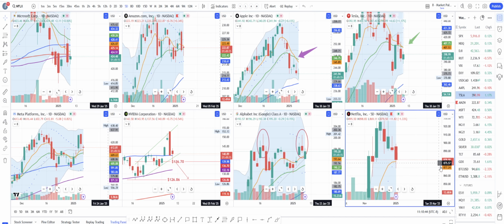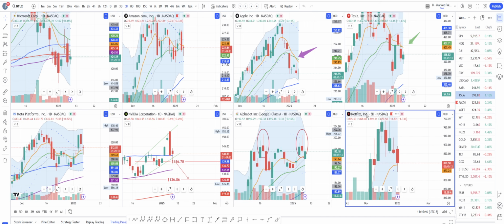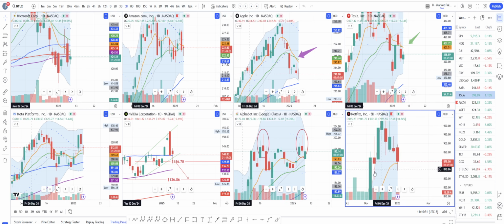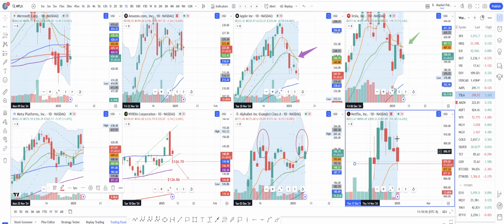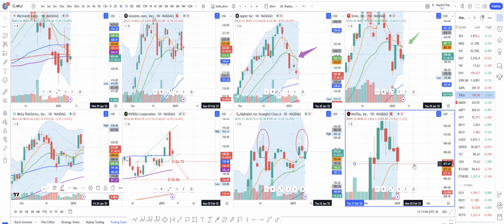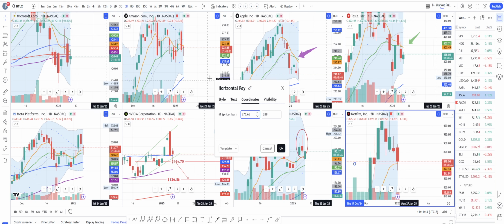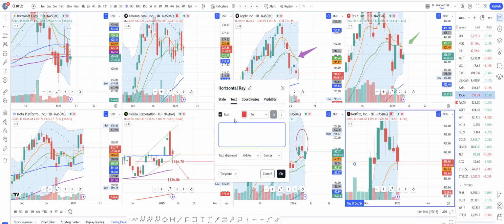And Netflix in an interesting position. So this is the 5-day frame, and Netflix could form a tower top here if it closes below this line. So this line is, just to be exact, 876.68. Let me put it down. 876.68.